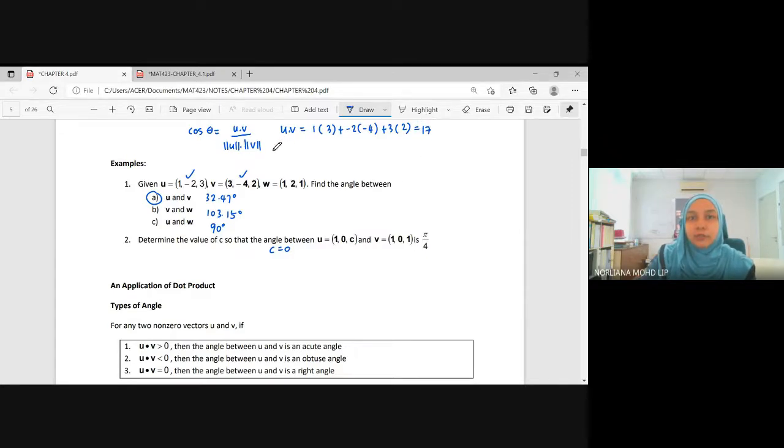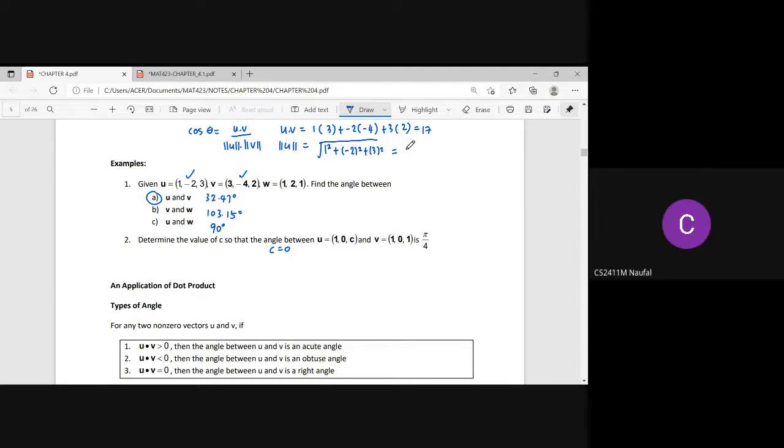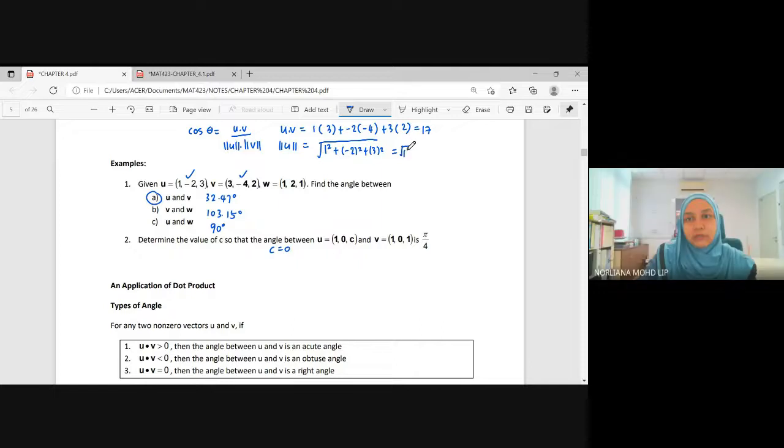Then find the magnitude of U and V. Magnitude of U: 1 squared plus negative 2 squared plus 3 squared, square root, equals square root of 14.